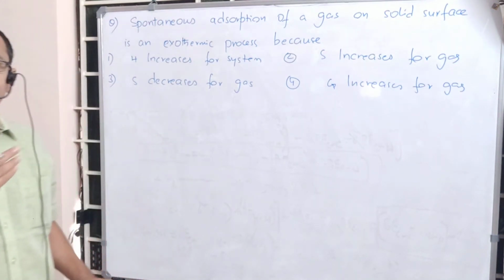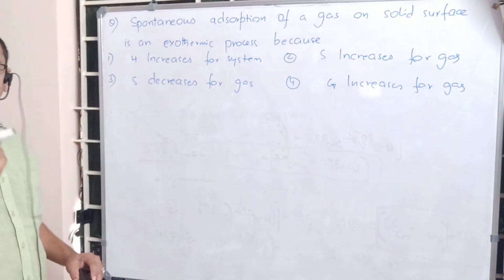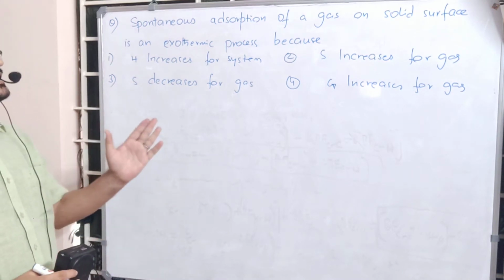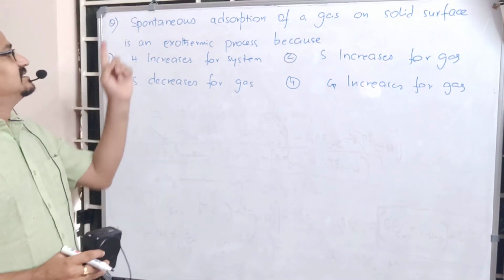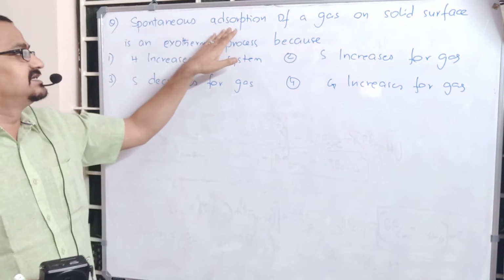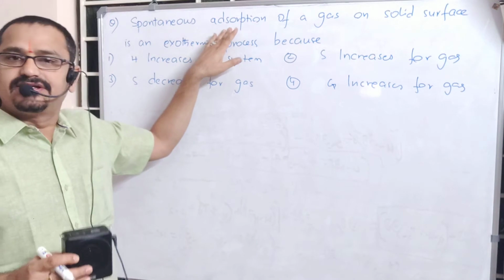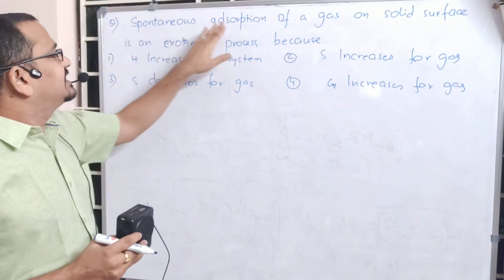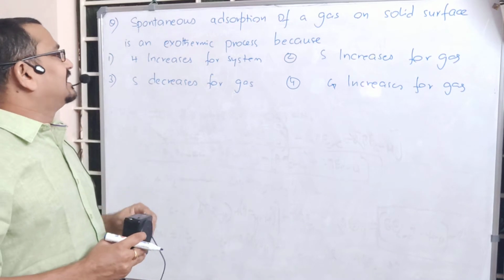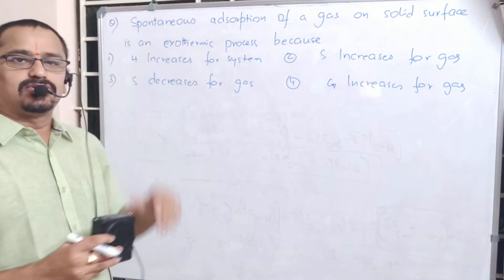Right, this is another question from thermochemistry: spontaneous adsorption of a gas on a solid surface. Spontaneous adsorption, you know, is the accumulation of a substance on the surface of another substance, right? Spontaneous adsorption of a gas on a solid surface is an exothermic process.